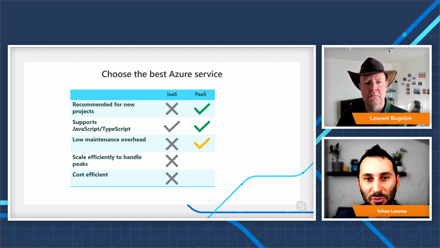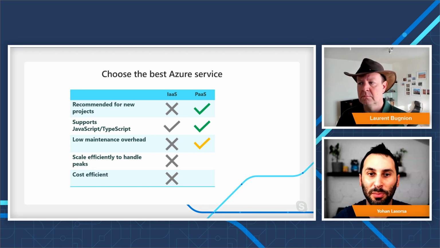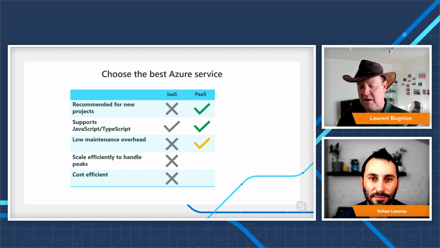So basically you still have a bit of maintenance over time just to manage your application. Right. So it's yellow, meaning it's in between, better than VMs, but maybe not the best solution we can take.